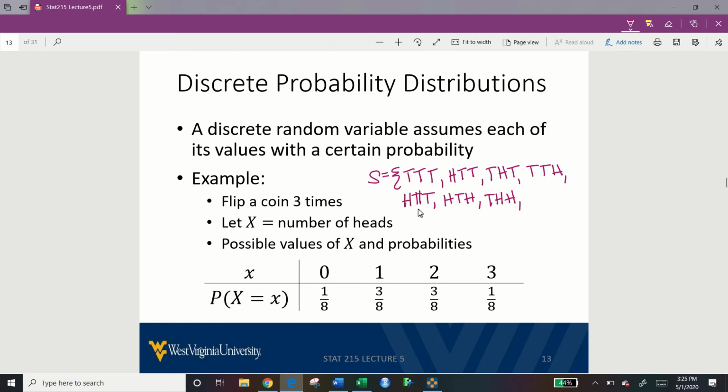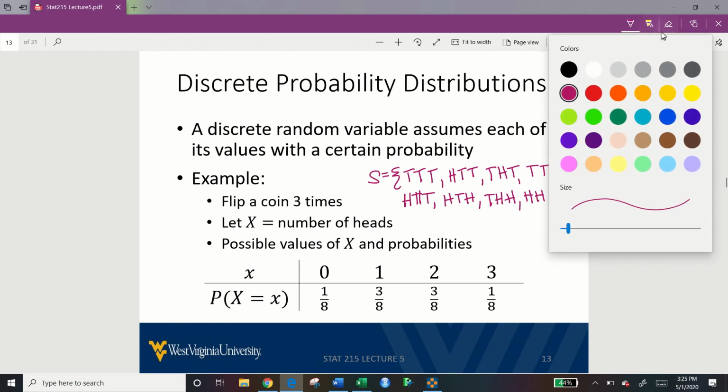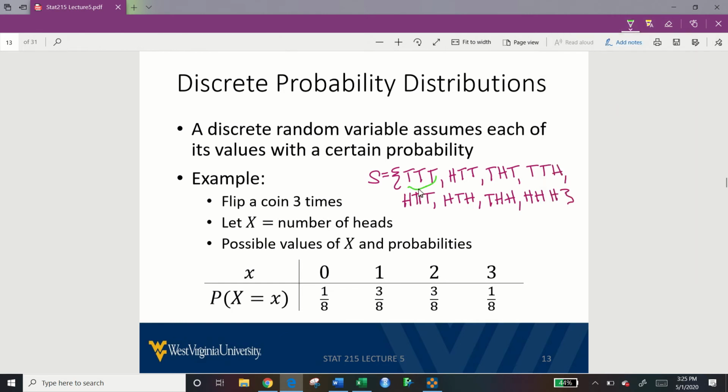And finally, one situation with 3 heads. So our sample space has 8 outcomes, and we can see there is a 1 out of 8 chance of there being 0 heads, 1 out of 8 possibilities to have 3 heads, and 3 out of 8 to have 1 and 2 heads, respectively.